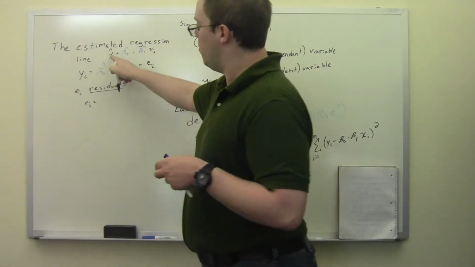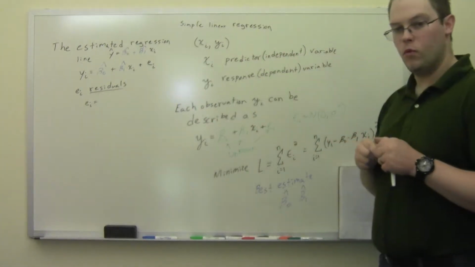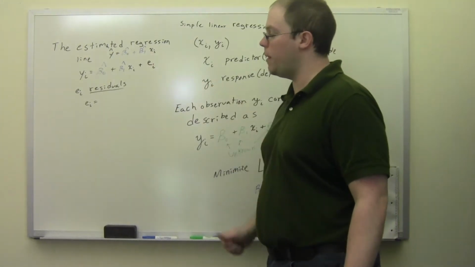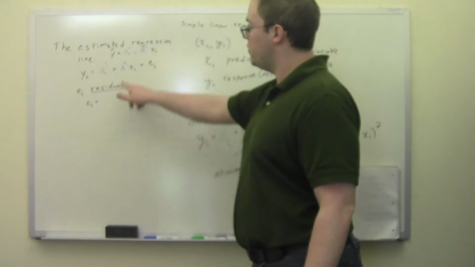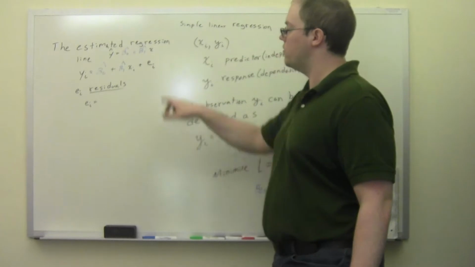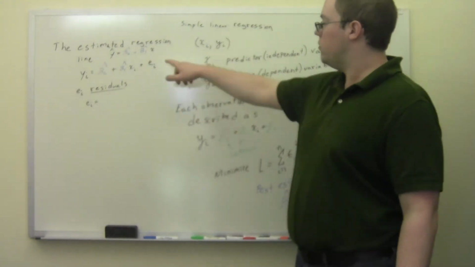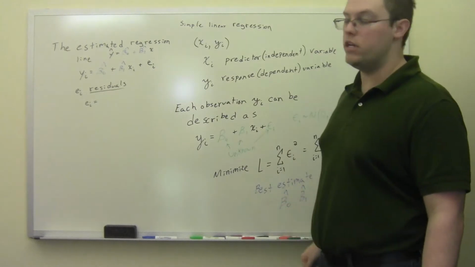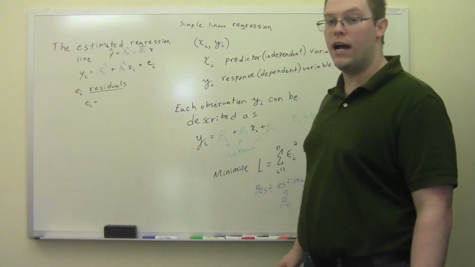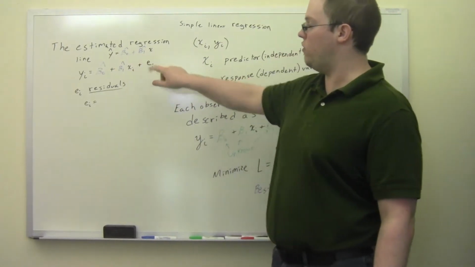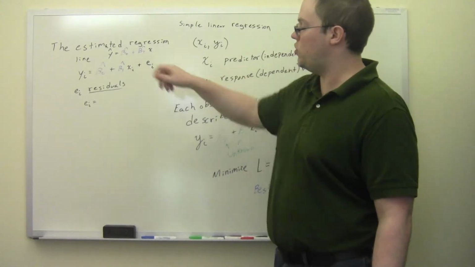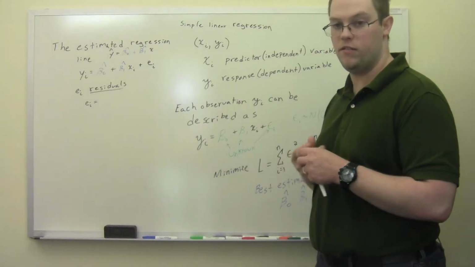So my predicted response, what I think the response will be at a particular value of my predictor, is substitute in, and really this shouldn't even have an i there, really this should just be x. So for any value my predictor takes on, I can come up with the estimated response y by just substituting into this equation for the line. It's this beta 0 coefficient plus beta 1 coefficient times whatever my x is.